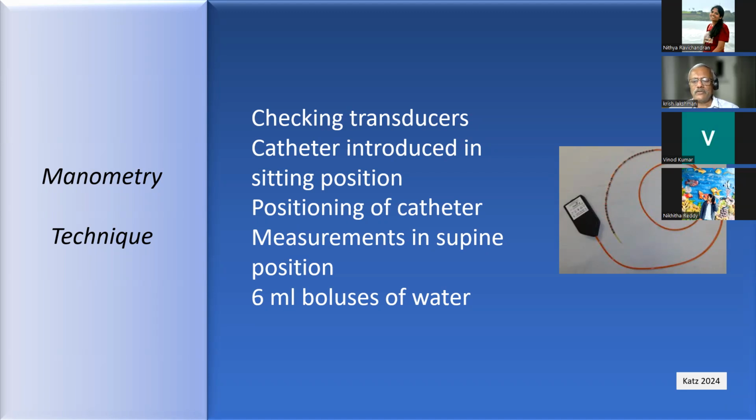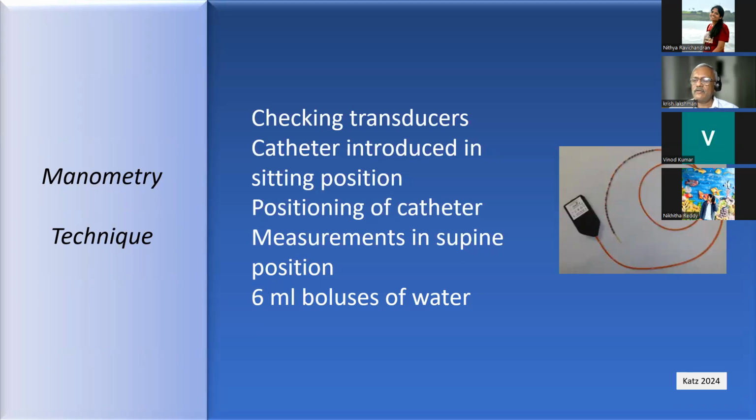Usually the catheter is introduced in a sitting position, and positioning of the catheter is confirmed by radiology. Measurements are usually done in a supine position, but in the latest classification, there are separate standards for measurement in sitting position also. The patient has 6 ml boluses of water repeatedly, and the pressure is measured at different levels.